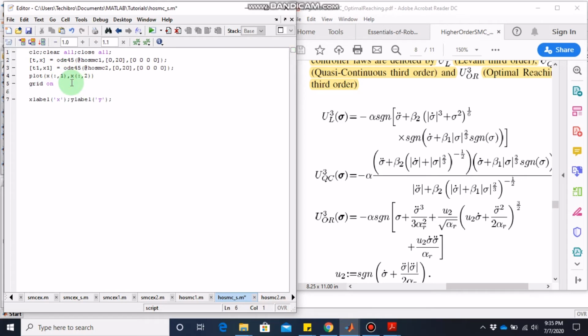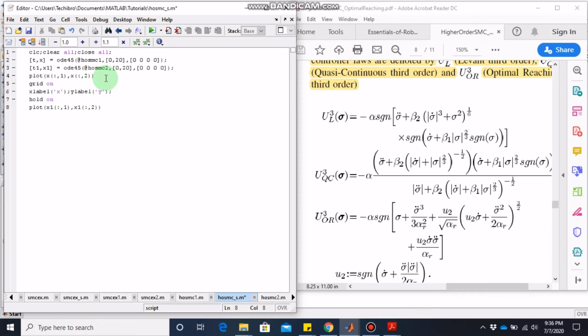And then I can use the command hold on after this label command, and I can plot the same x1 x2, control C control V, but this is the other trajectory.